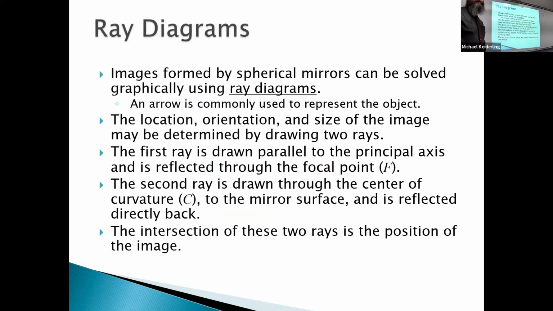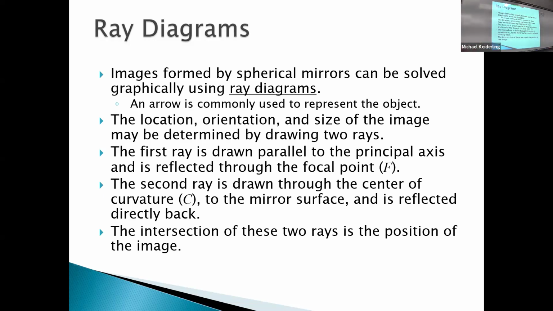And images formed by spherical mirrors can be solved graphically using ray diagrams. We commonly use an arrow to represent the object because it has a clear direction, it has a top. And the location, orientation, and size of the image can be determined by drawing two rays. The first ray is drawn parallel to the principal axis and then gets reflected through the focal point. The second ray is drawn through the center of curvature to the mirror surface and then is reflected directly back.